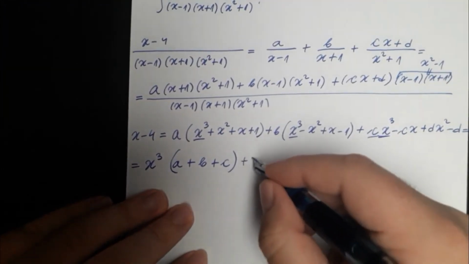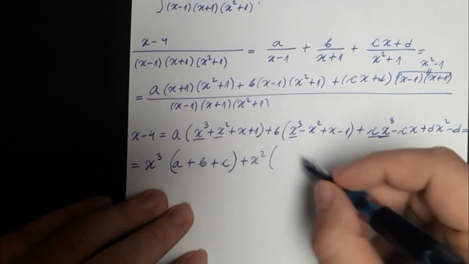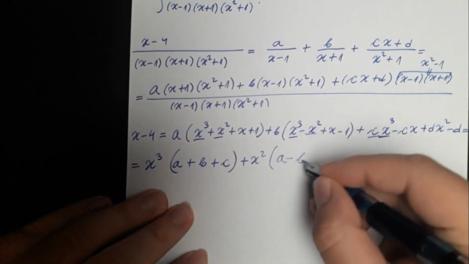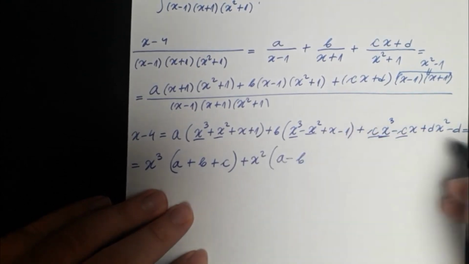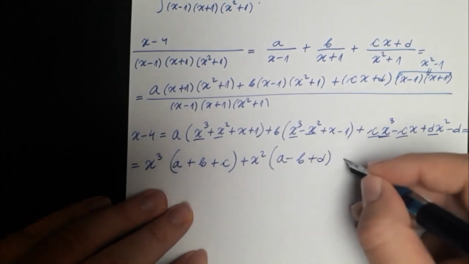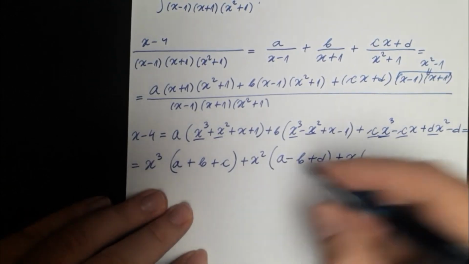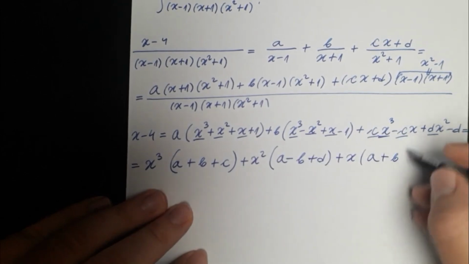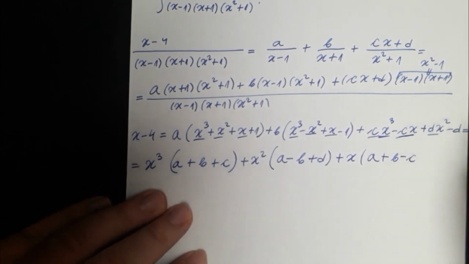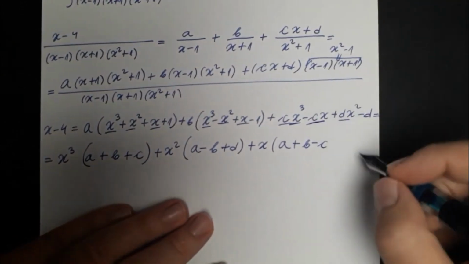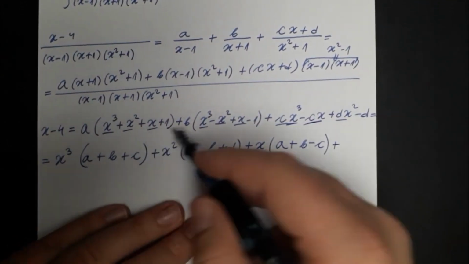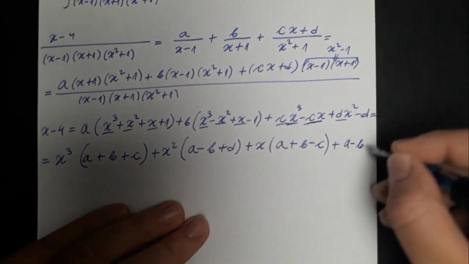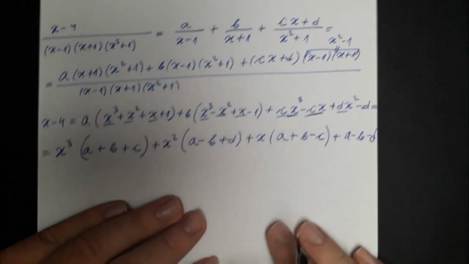And then we have x squared, that is going to leave us with A minus B plus D, and plus x, that is going to leave us with A plus B minus C. I did that wrong. So we have A minus B and minus D.